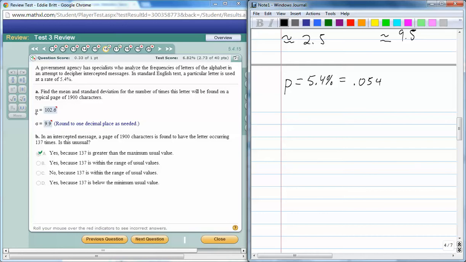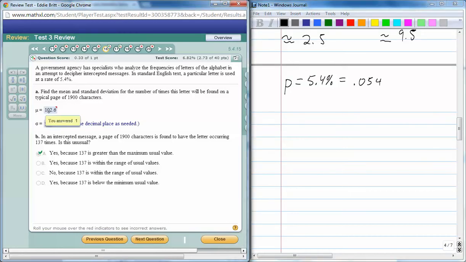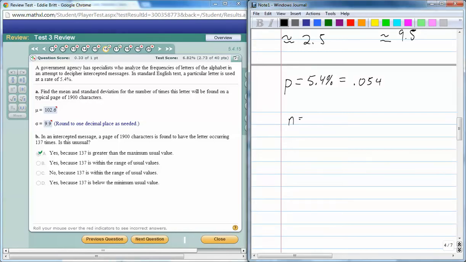So when we find mu, that's our mean, we want to say n times p. Find the mean and standard deviation for the number of times this letter will be found on a typical page of 1900 characters. Alright, so n equals 1900.